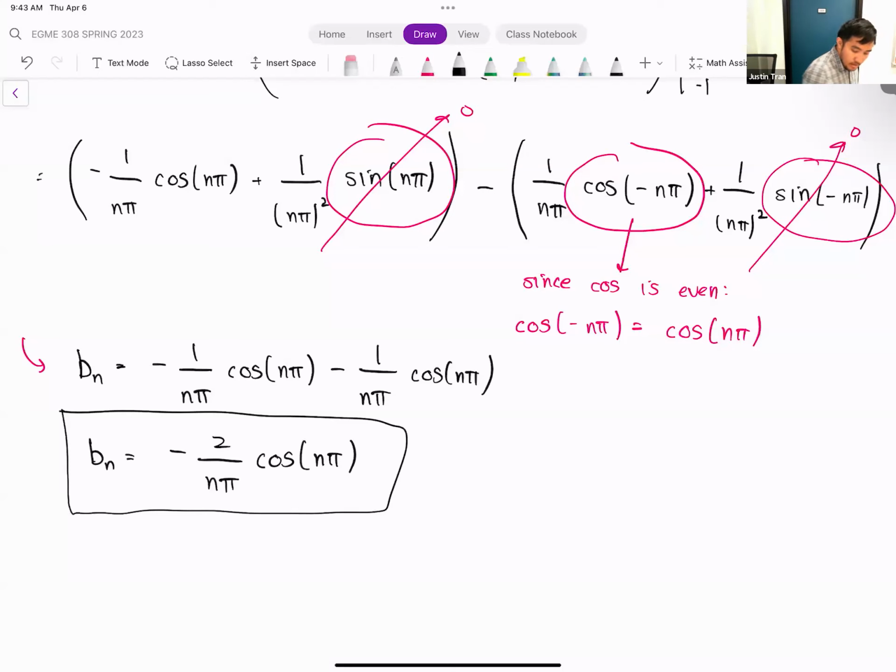Now that we have our Bn, we know that a0 and an are 0 because the function that we're starting with was an odd function. Let's go ahead and put the expansion together.